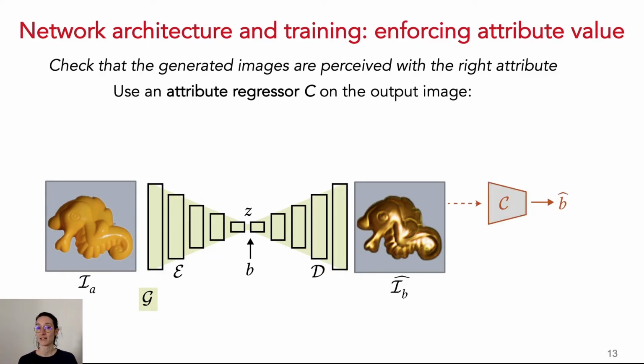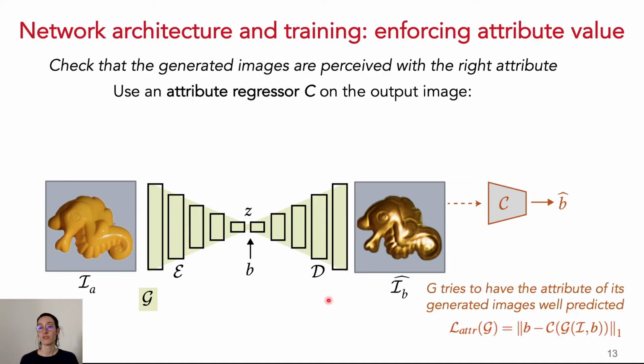So we will add an attribute regressor on top of the output image that will predict the perceived attribute value of this image. Now the goal of the generator will be to have its generated images' attribute well predicted by this network, meaning if I'm putting here a high metallicity score, then the attribute regressor should predict that this image will be perceived with a high metallicity score.